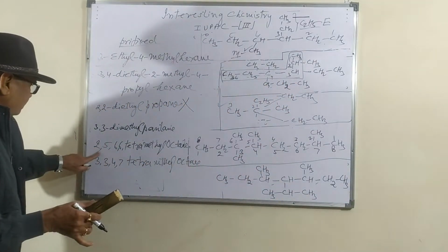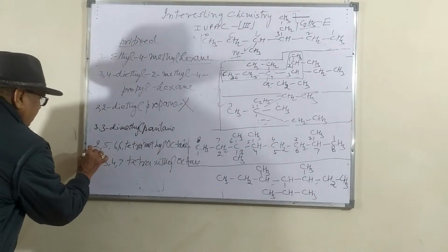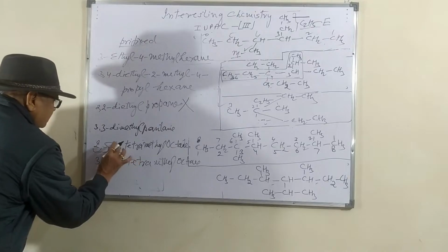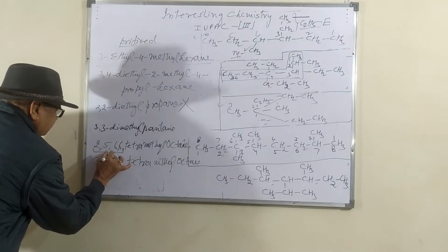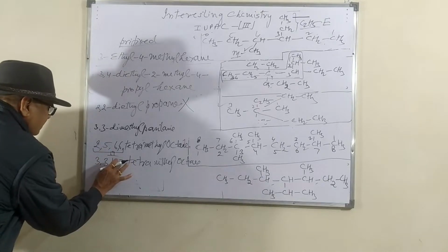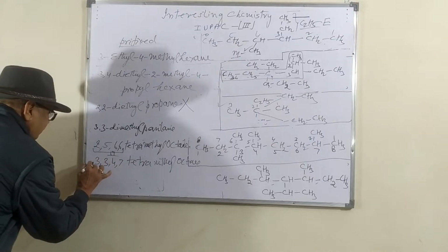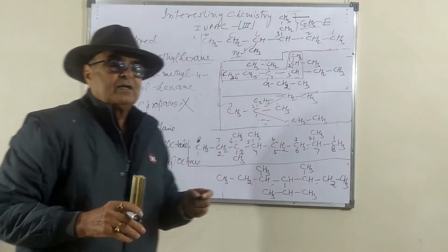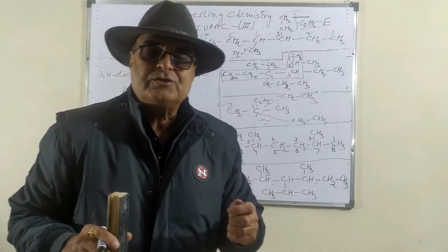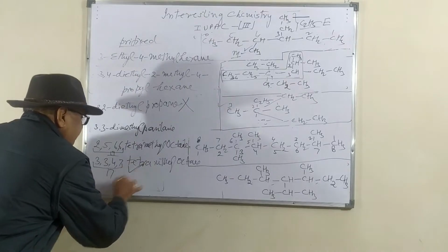Find the total of these numbers. 6 plus 6, 12, 17 and 19. And here 7 plus 4, 11, 14 and 17. The total of the located numbers is 17 and 19, so this name will be correct.